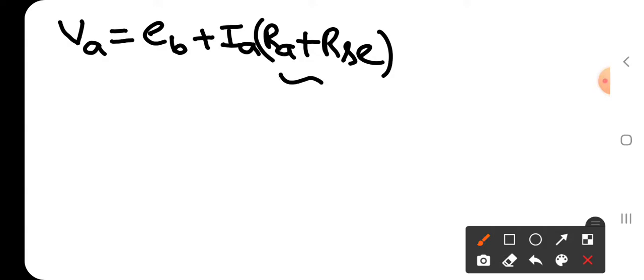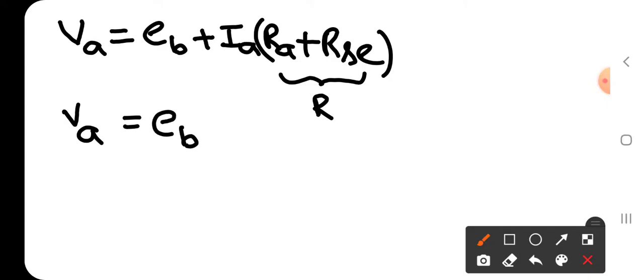Here we assume this value (RA plus RSE) as capital R. Hence I can write the equation as VA is equal to EB plus IA into R.